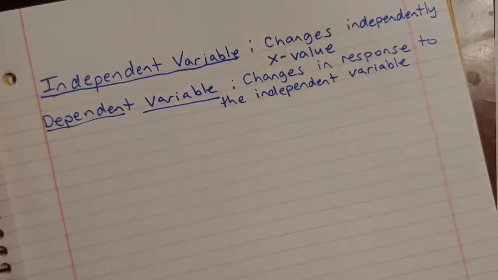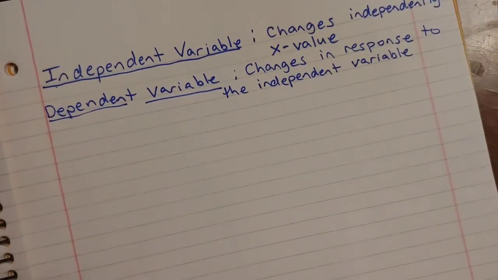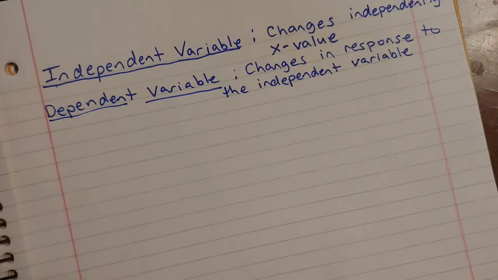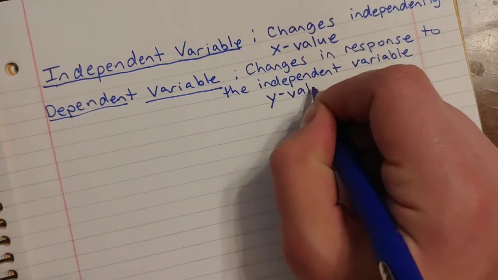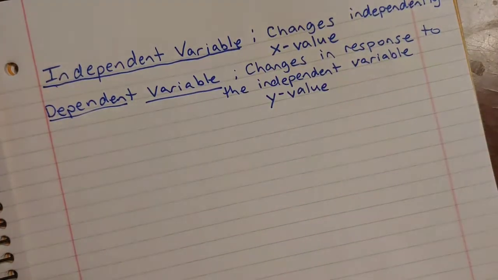In other words, it is dependent on the independent variable. And it's usually represented by a y value. These x and y values are going to make more sense whenever we get to the end of these notes. Okay?